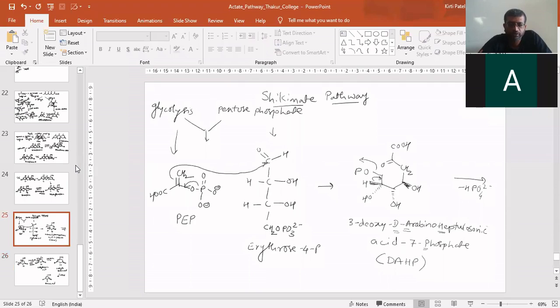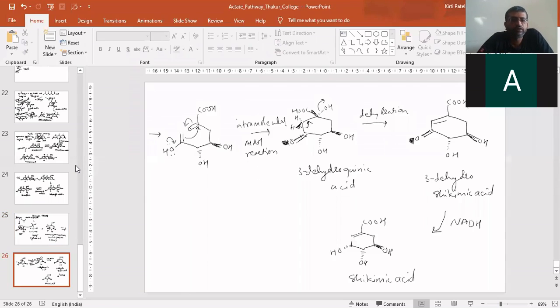These two undergo reaction to form 3-deoxy-D-arabino heptulosonic acid 7-phosphate, that is DAHP, which undergoes loss of the phosphate group to give us an enol, and this enol then undergoes an intramolecular aldol type of reaction to form a six-membered ring. This six-membered ring then undergoes a dehydration reaction to form 3-dehydroshikimic acid. And this 3-dehydroshikimic acid will then give rise, upon reduction, to shikimic acid.